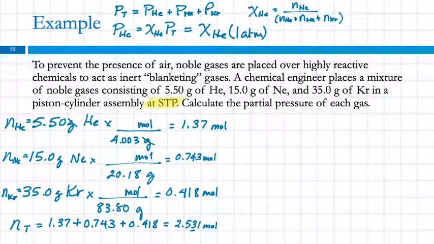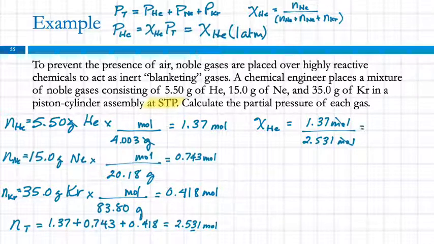Okay, so now I can calculate mole fractions. So the mole fraction of neon. So, no, not neon, helium. They look so much alike. Helium, so we're going to have the moles of helium divided by the total number of moles, 2.531.